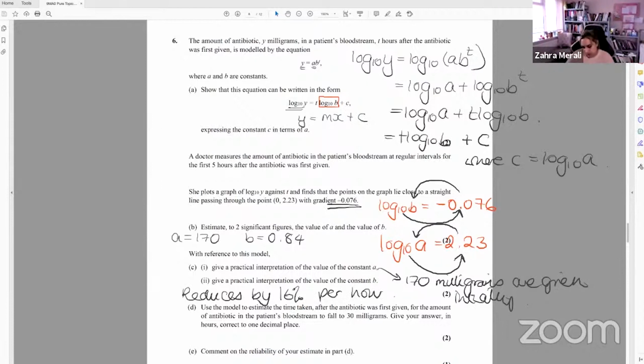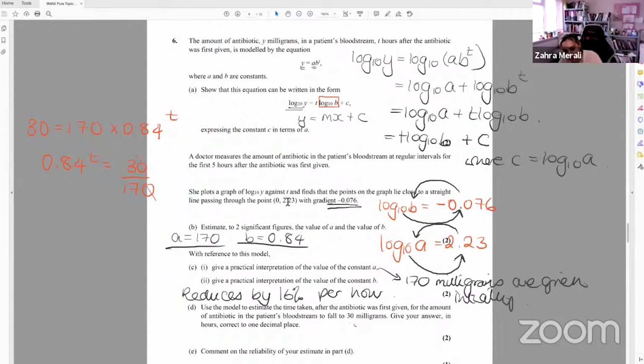Give your answer. Use the model to estimate the time for the amount to fall below 30. So we're going to work out the time when it gets to 30. Now we've got A, we've got B, and we're going to put y in as 30. So we're going to have 30 equals 170 times 0.84 to the power of t. So 0.84 to the power of t is the same as 30 over 170.